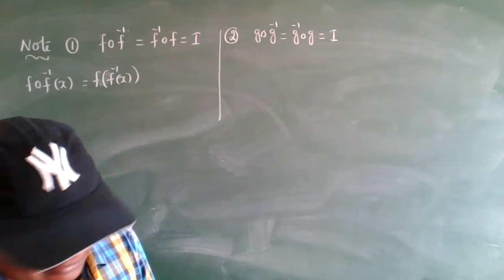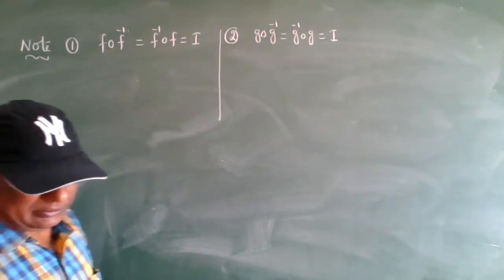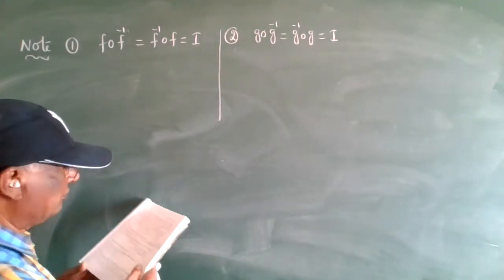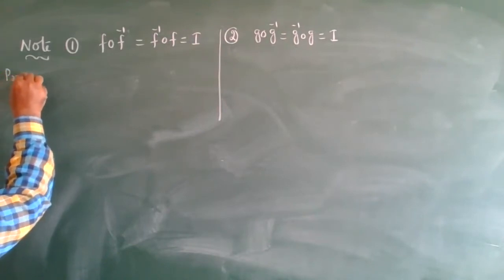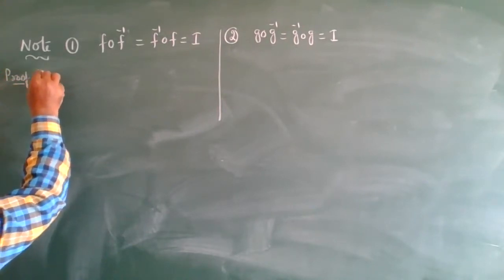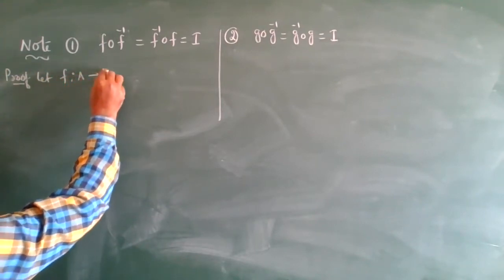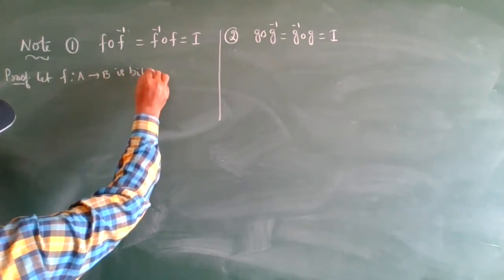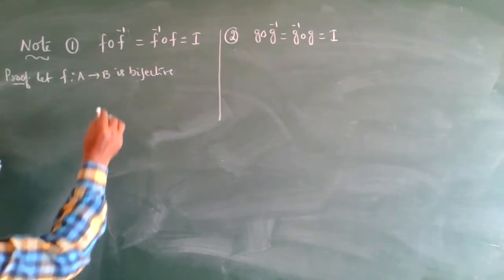Now I will write clearly. F is a mapping from A to B. The proof is: let F be a mapping from A to B that is bijective.